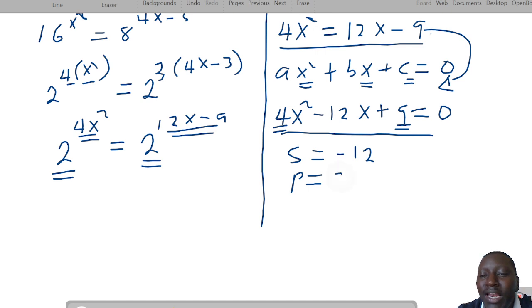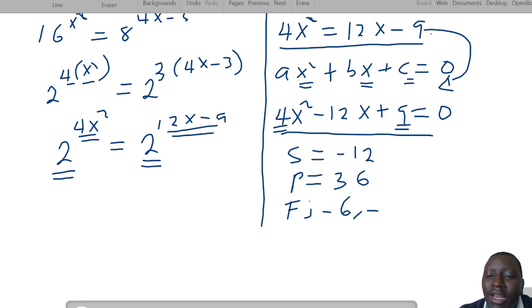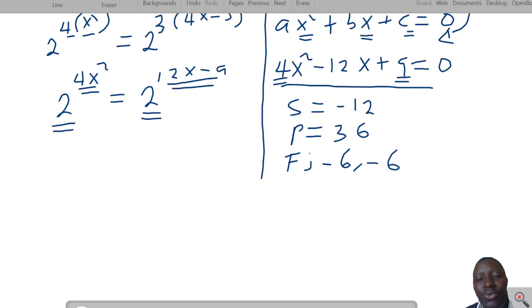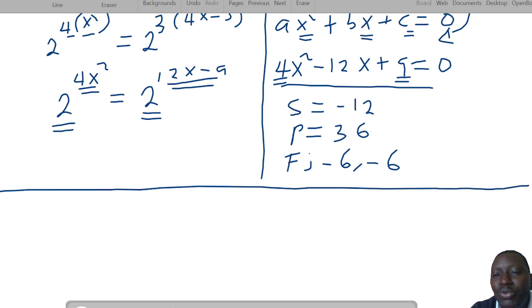So 4 times 9 class gives us 36, and the two numbers that you can add to get negative 12, and you can multiply to get positive 36, are negative 6 and negative 6. So class, next we have to make use of those factors to express negative 12x in terms of negative 6x and plus negative 6x.